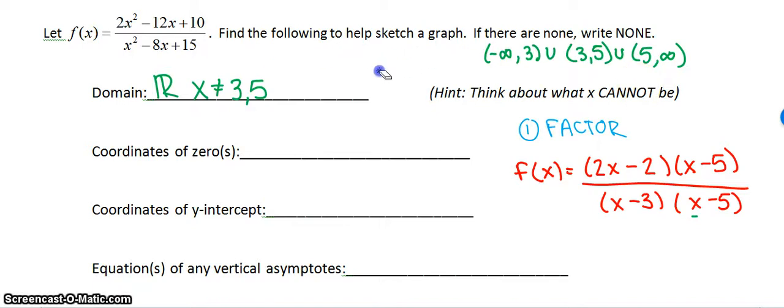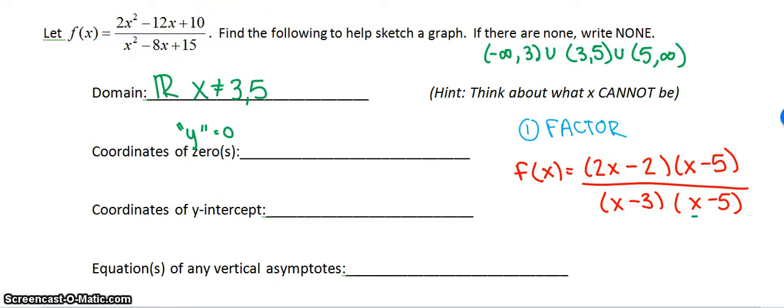Okay, coordinates of zeros. A zero is where your graph crosses the x-axis, which is where your y-coordinate is 0. So we're trying to figure out what would I have to plug in for this function to get an output of 0.